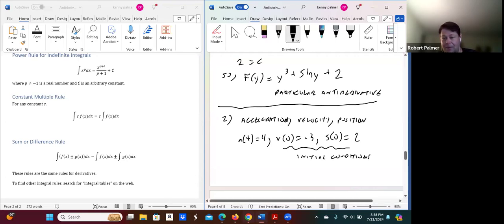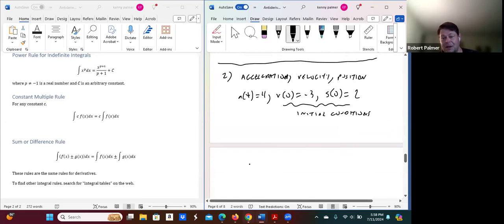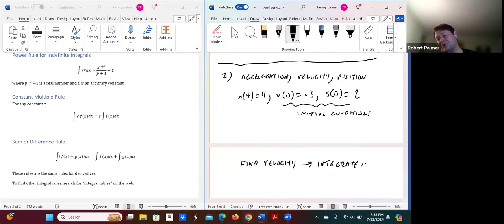Okay? Now, first, let's find velocity. And to do that, we're going to integrate acceleration.